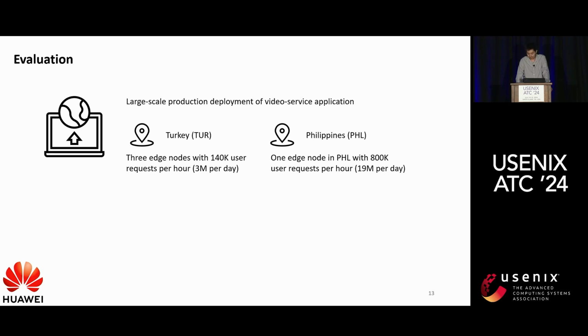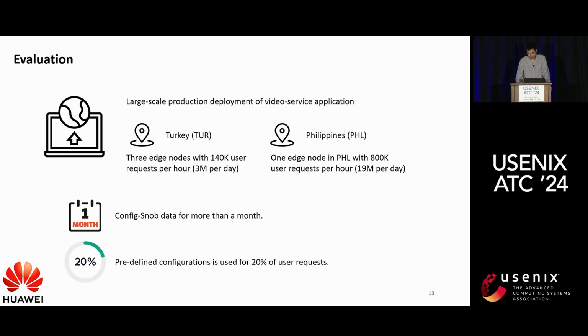And also 1 edge server in Philippines with 800K user requests per hour, like 19 million per day. Config-Snob was tested for more than 1 month. And we also configured the servers to keep using the default configuration for about 20% of user requests for a good comparison.